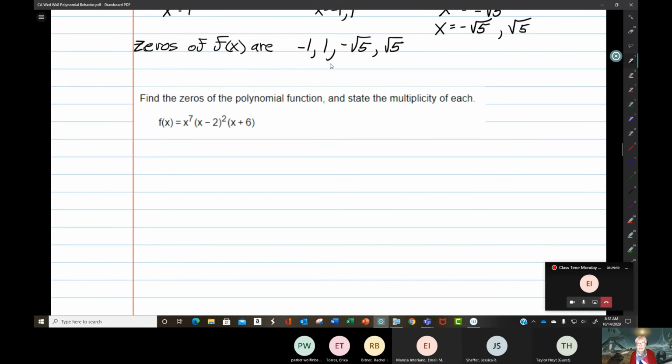These are the zeros, and by the way, they have different names. These are called real, rational zeros. These are real because they're in the real number system, irrational zeros.